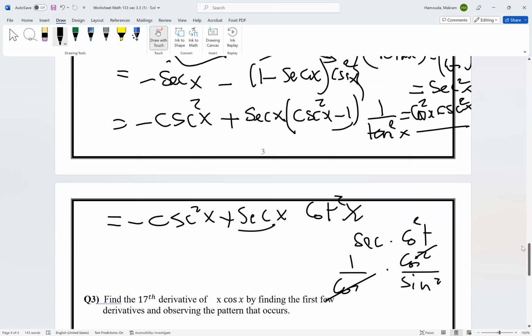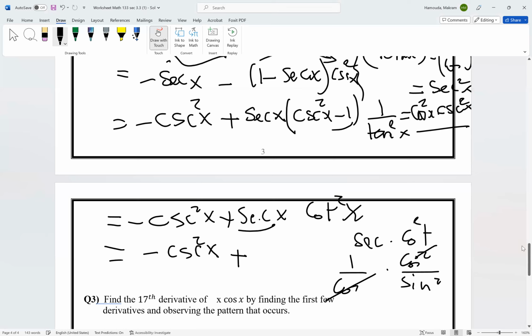But there is secant here, so the cosine with the secant gives 1, and then I will have cosecant squared x. So it's minus cosecant squared x plus.